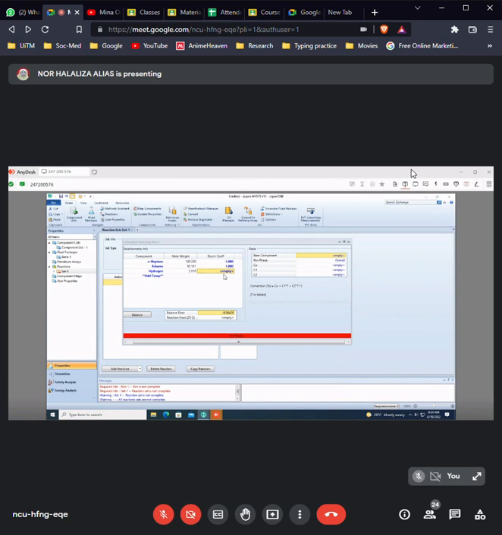So I purposely put 4. Then enter. So bila you enter, you nampak balance error goes back to 0. So it means that your balance error is correct. Okay? So far okay? Class, so far okay? Yes, doktor.